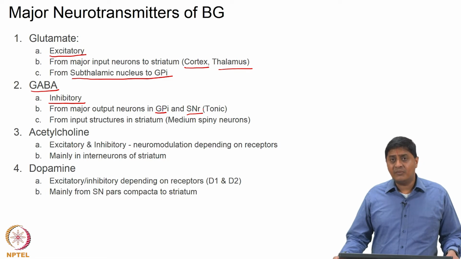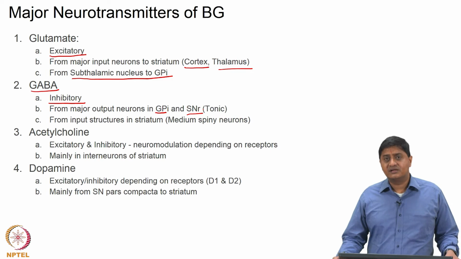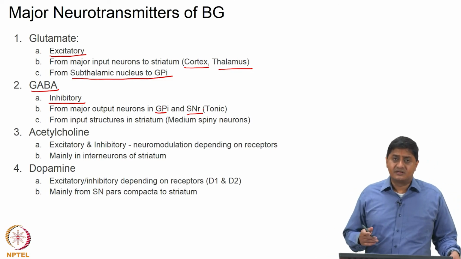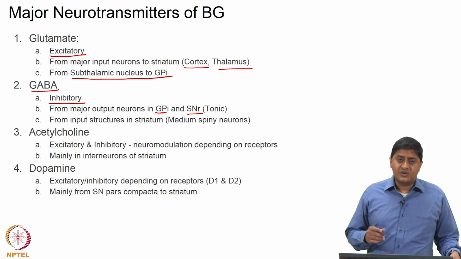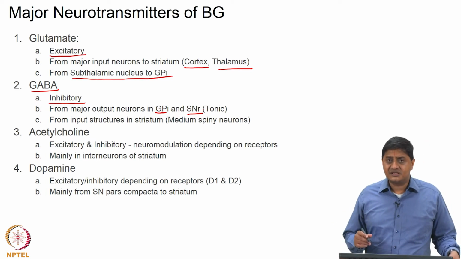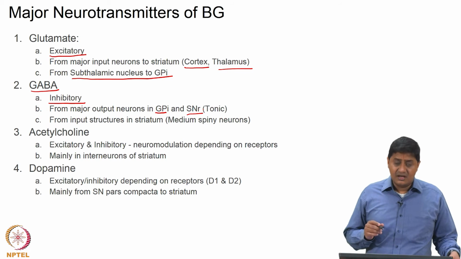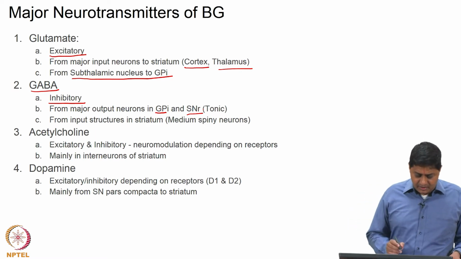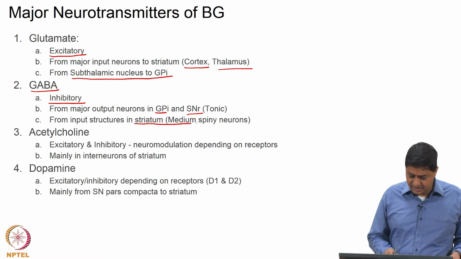They use GABA to tonically inhibit their targets, and their targets are either motor neurons in the brainstem in the case of substantia nigra pars reticulata in many cases, or the thalamocortical neurons in the VA and VL thalamus, is it not? And GABA is also used by major input structures in the striatum.